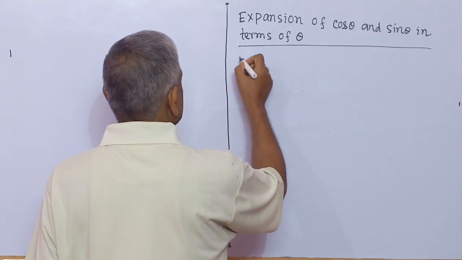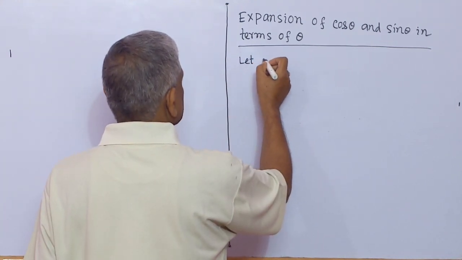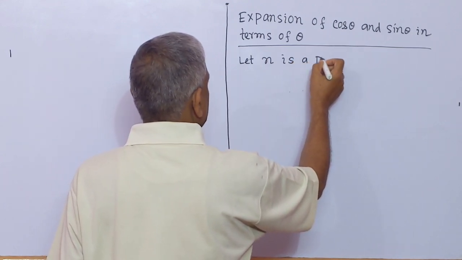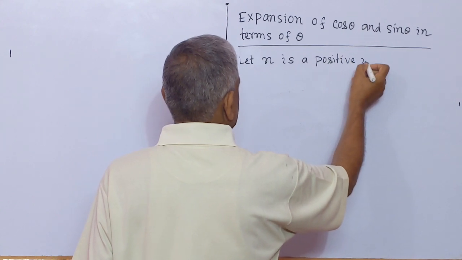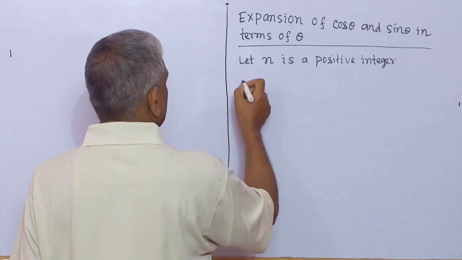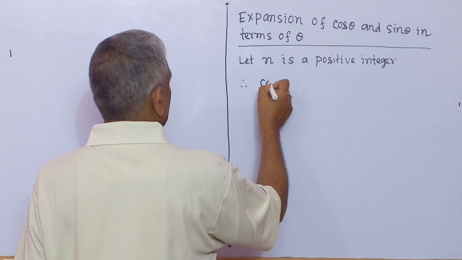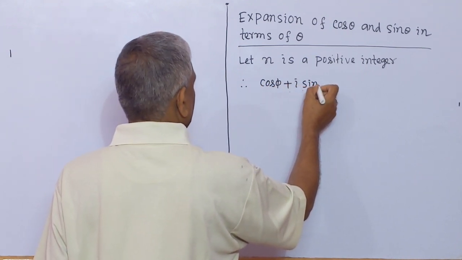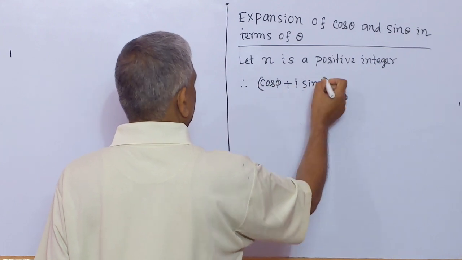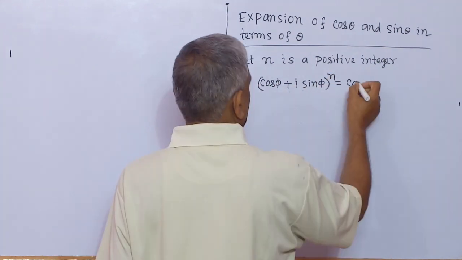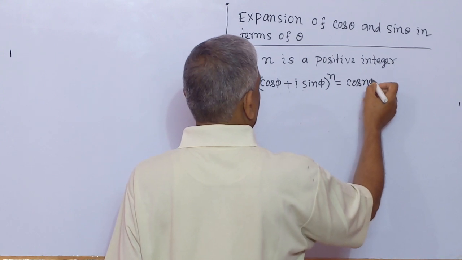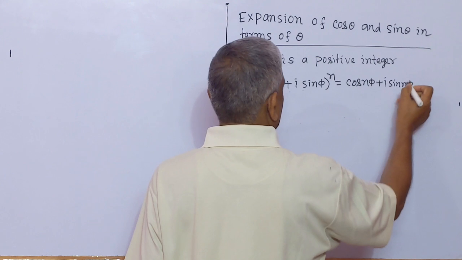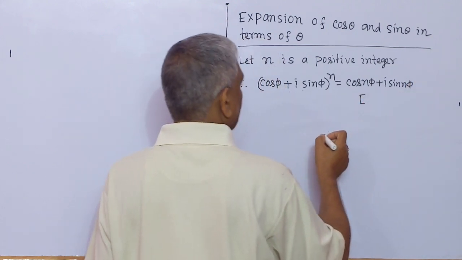Let n be a positive integer. Therefore, (cos phi + i sin phi) to the power n equals cos n phi + i sin n phi, by using De Moivre's theorem.